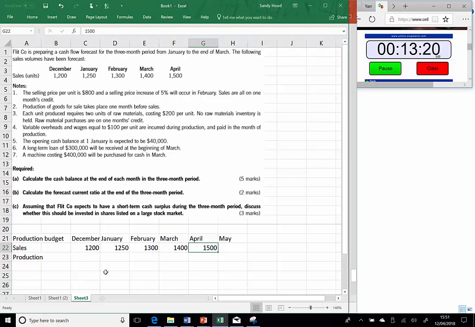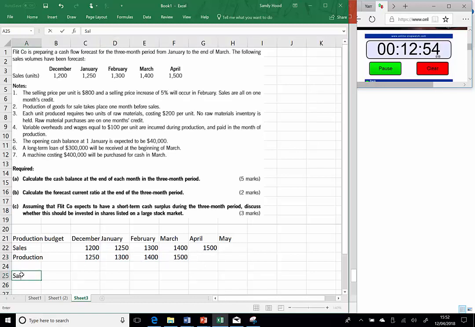We're going to need those figures in a minute or two, but at the moment we know that the production of goods for sale takes place 1 month before the sales. So the production in December is going to be 1,250, and based on that we can similarly come up with our production figures here. So we're dealing in units at the moment.